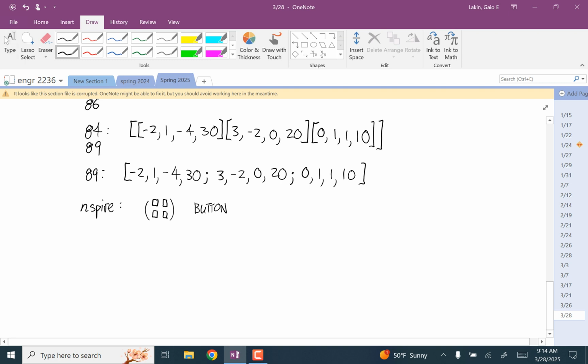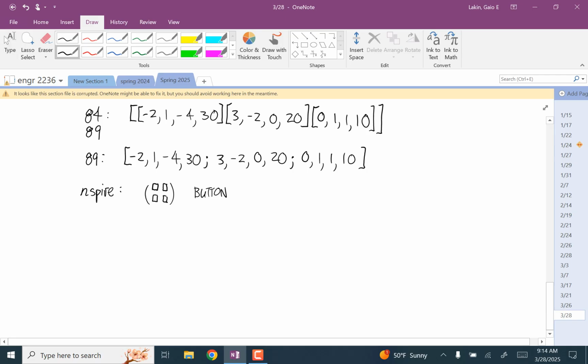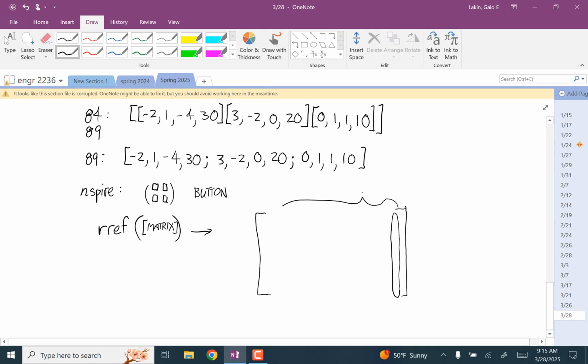But then in all of them, once you have this, you just go RREF of that matrix, and it's going to give you a matrix where, again, it's going to be n plus 1 columns and n rows.